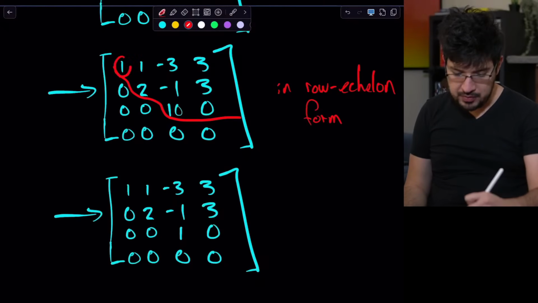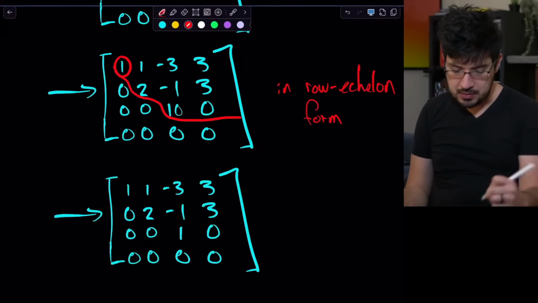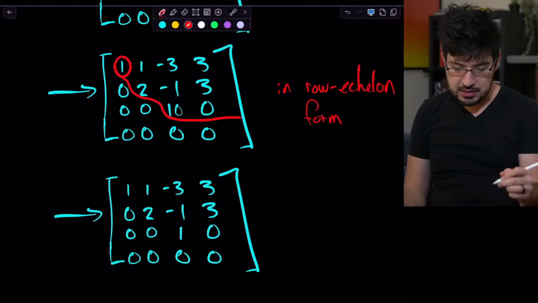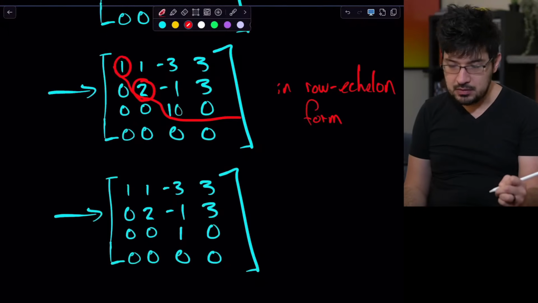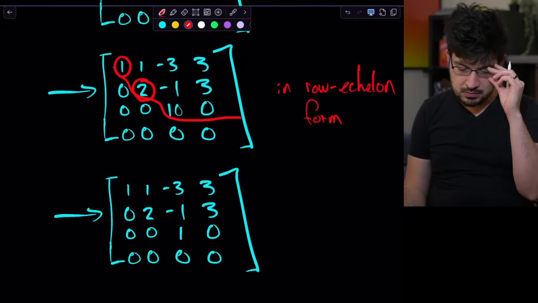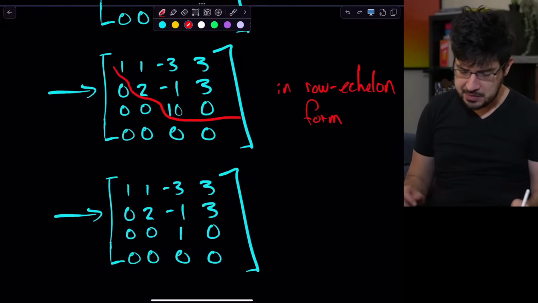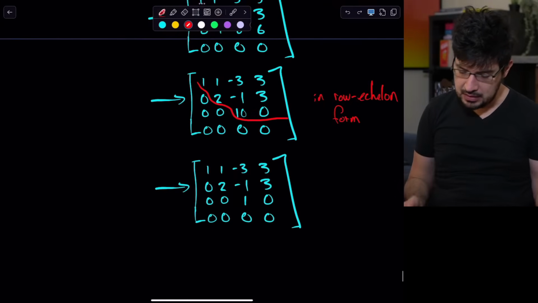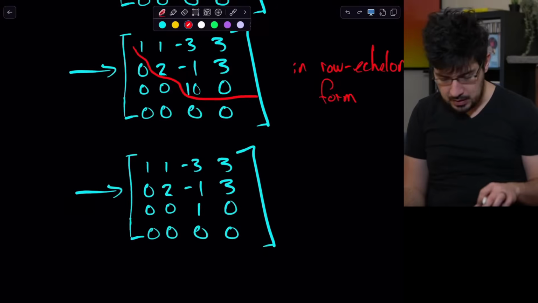Like the first non-zero entry of the first row, everything below it is 0, and then we look for a second. I don't know how to define row echelon form very well, y'all. I should be able to, but I'm not going to right now.